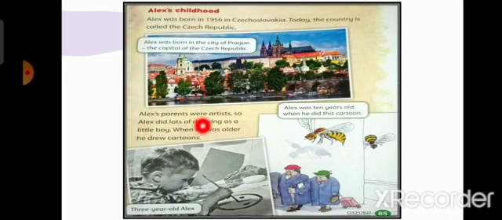Alex's parents were artists, so Alex did lots of drawing as a little boy. When he was older, he drew cartoons. Here Alex is just 3 years old, and he drew this cartoon when he was just 10 years old.